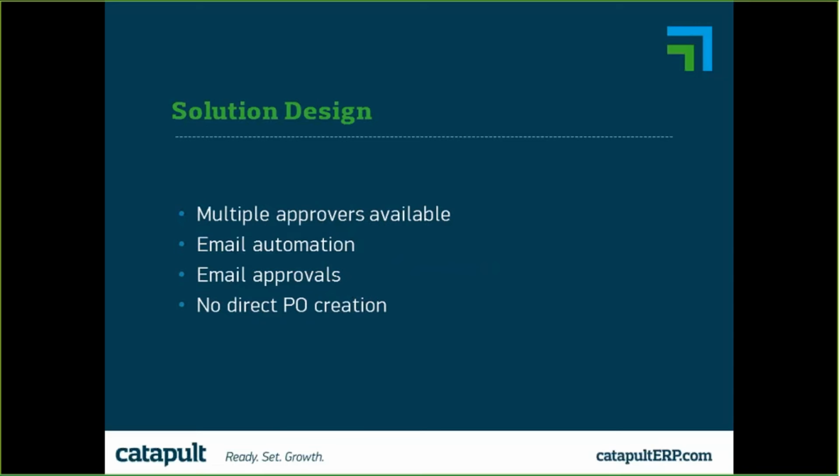Okay. And so when we looked at the solution design with Canyon, what we looked at with them was there could be multiple approvers available for a particular division or department for them. So we wanted to be able to leave that open and not limit it down to only a handful of approvers.